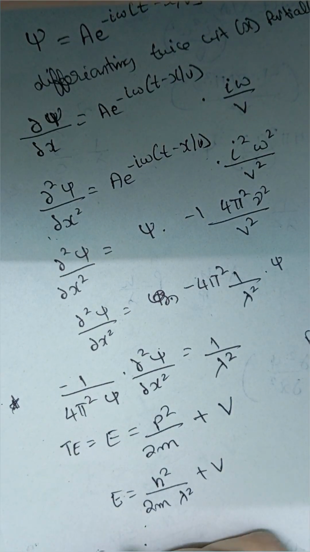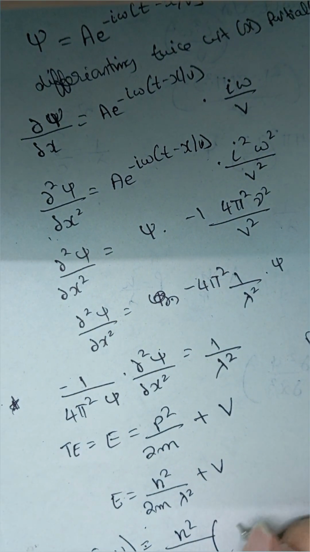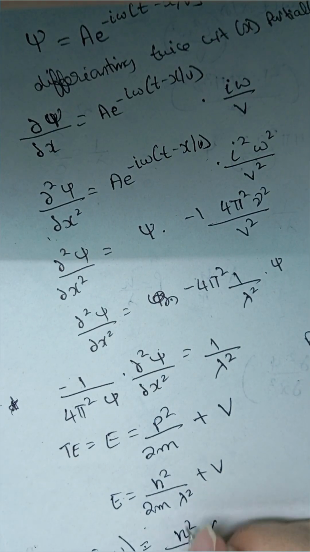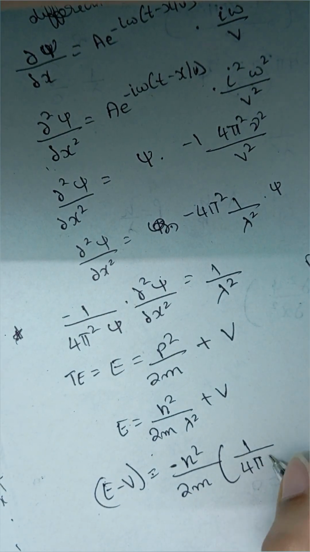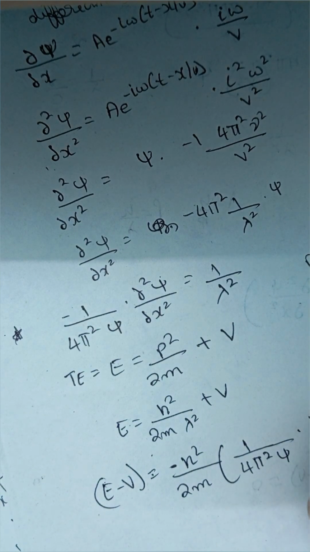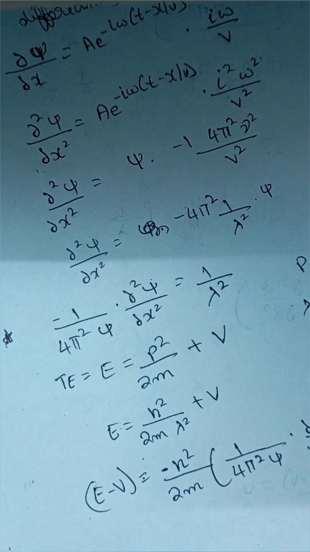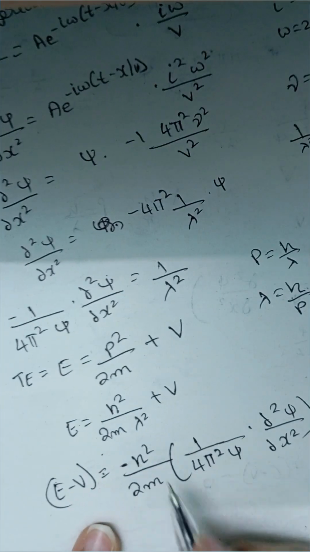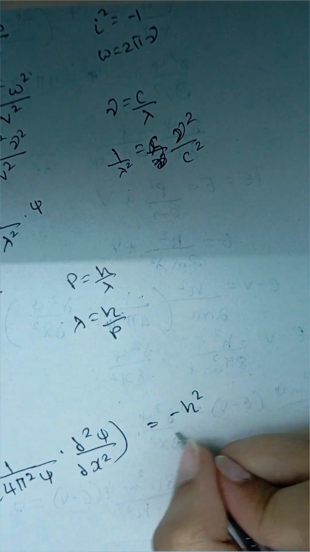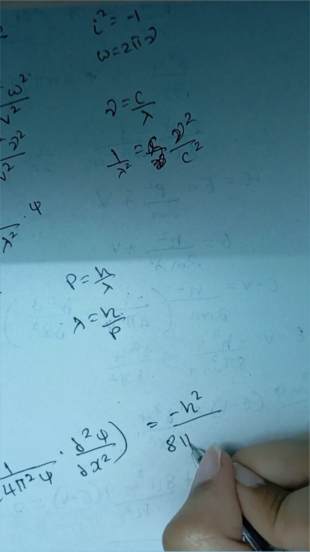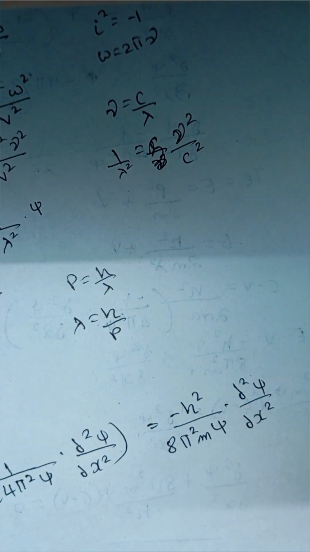I'll bring V that side, so E minus V equals h square by 2m into this, and I'll put the negative sign this side: minus 1 by 4 pi square psi into dou square psi by dou x square. So this will become 8. So E minus V equals minus h square by 8 pi square m psi dou square psi by dou x square.